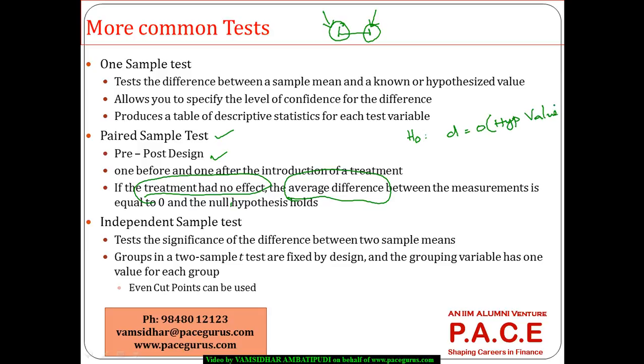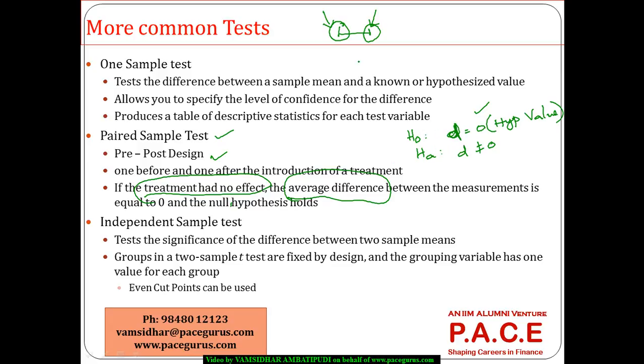If I'm saying the difference between a male and his corresponding spouse is 5 centimeters, then I must set d equal to 5. So the alternate hypothesis will be d not equal to 0 or 5. When we are testing for pairwise significant differences, we can go with the difference equal to 0 versus the difference not equal to 0.